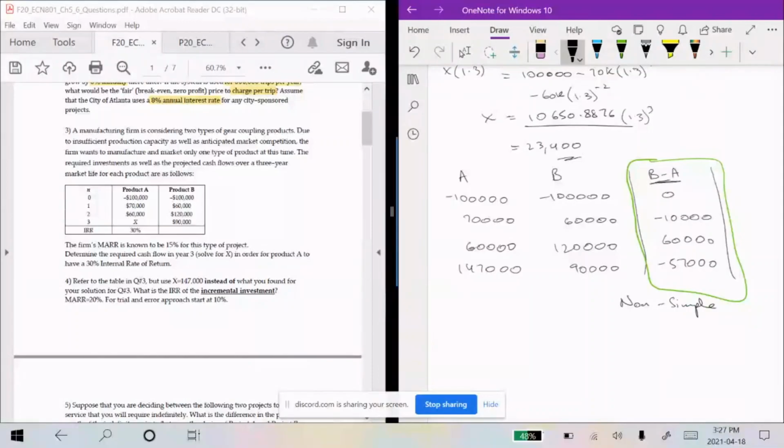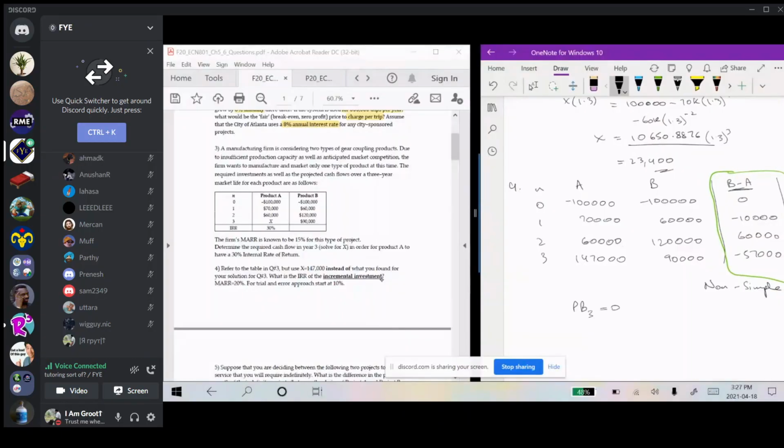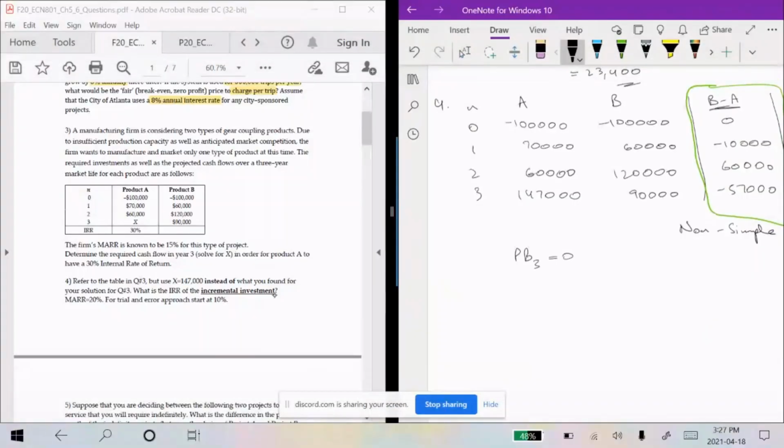So for non-simple cash flows, we use the project balance method. Project balance at the third period needs to equal 0. The way we find the project balance is you start from the 0th period and take each cash flow into account. So the cash flow diagram for this B minus A would look something like this. 0, 1.